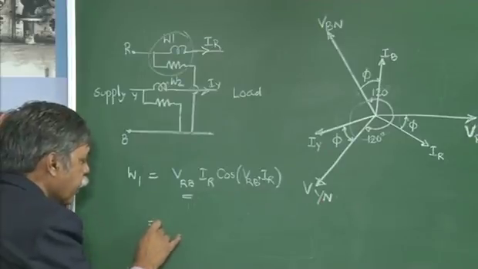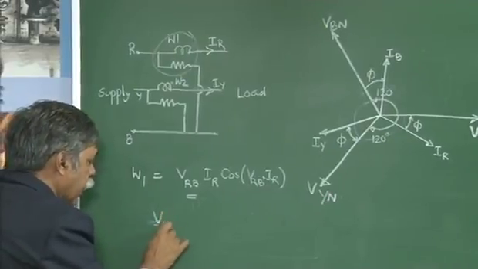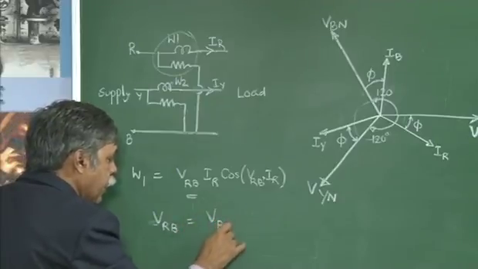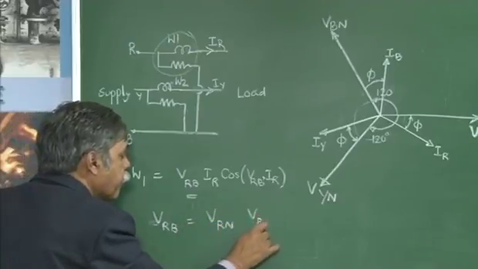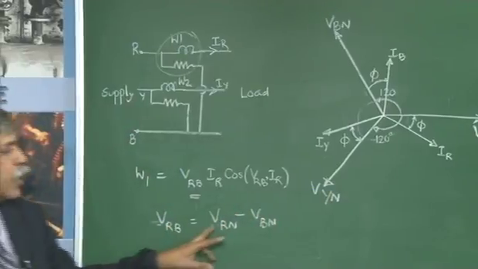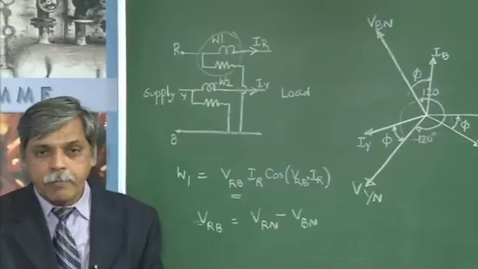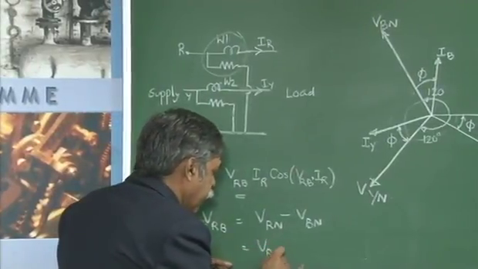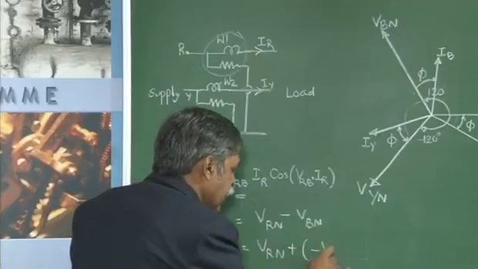This VRB I can write down in terms of the two phase voltages VRN and VBN as VRB is equal to VRN minus VBN. This again I can write as VRN plus of minus VBN.